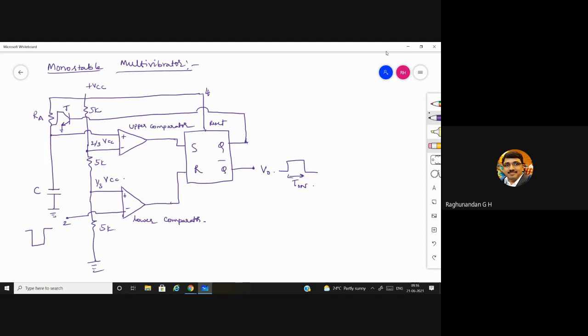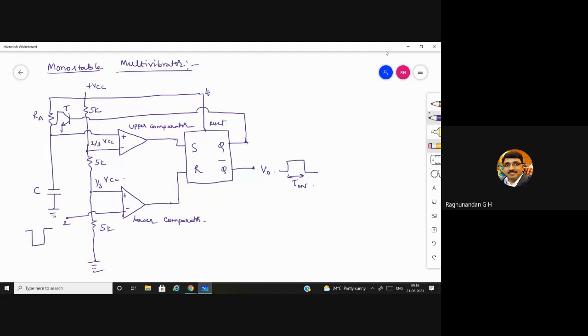Now, if you understand the working of this, it will be very easy for you to write. If you don't understand it now and try to memorize it in any other way, it will not work out. See here, plus VCC has three 5K resistors.